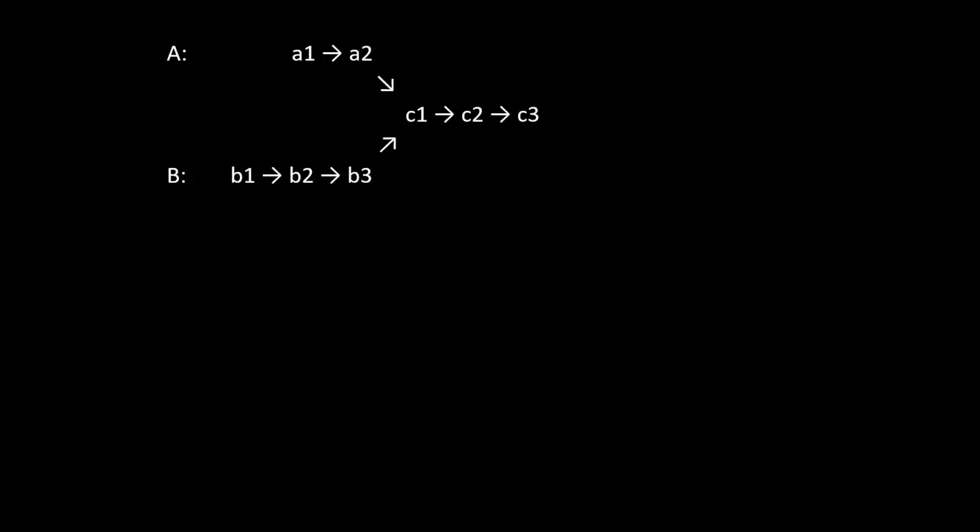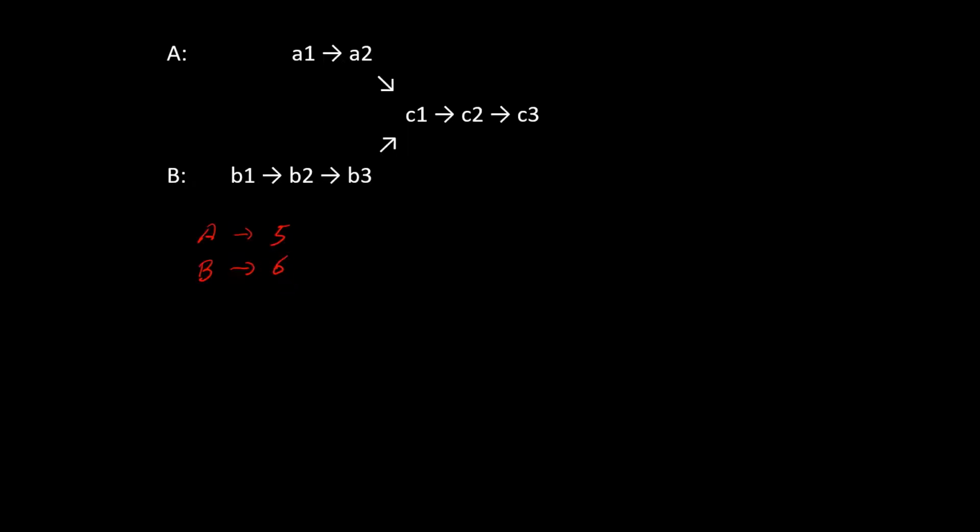Let's understand the second approach. In the second approach, we will take help of the length of the linked lists. We will traverse the first linked list and store its length, then traverse the second linked list and store its length. Here the length of A is 5 and the length of B is 6.